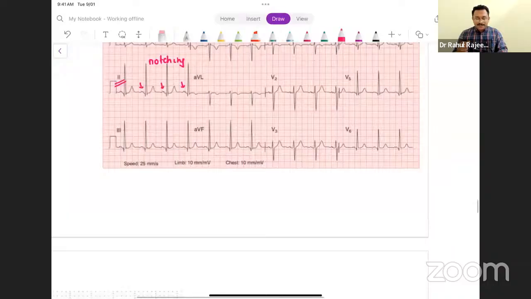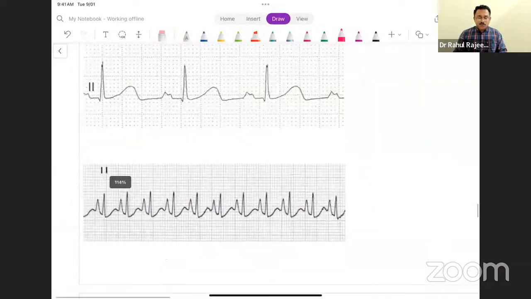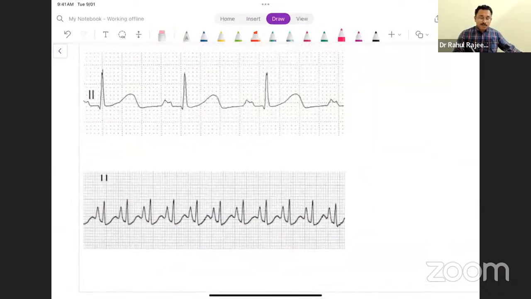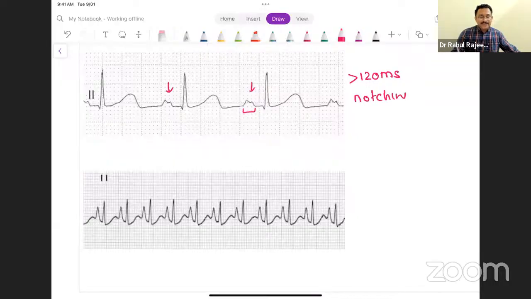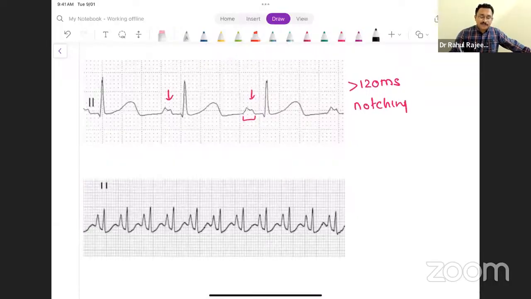Now, if I look at this ECG, let me show you two patterns here. This is pattern number 1. Can you see this pattern where the P wave is broad, which means the duration will be more than 120 milliseconds, and you will have notching as well. This sort of ECG finding is what is referred to as the P mitral.